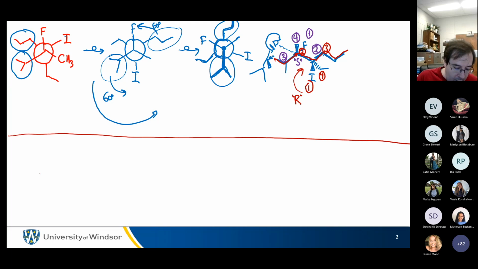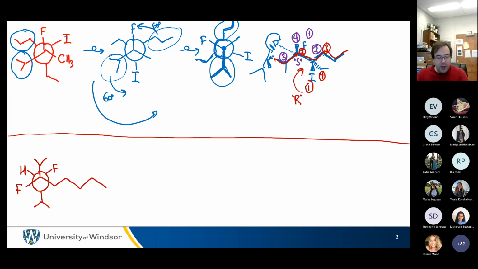So let's have an example where the anti is not the most stable chain or the longest chain. There's some really into fluorine today. So we have an example like this. I have drawn this properly for the Newman projection. This is the lowest energy Newman projection.